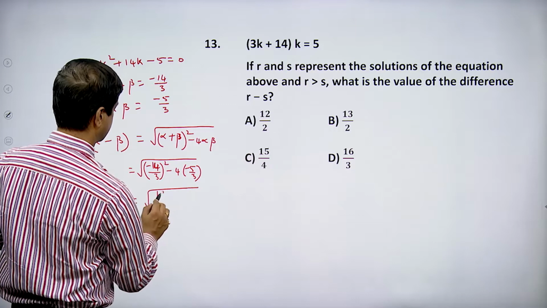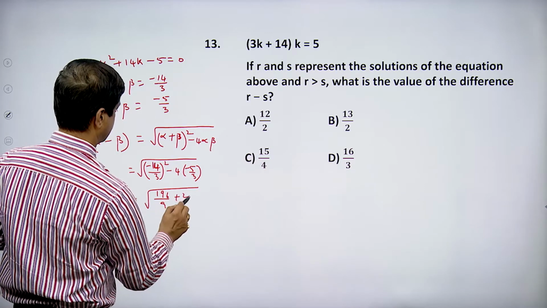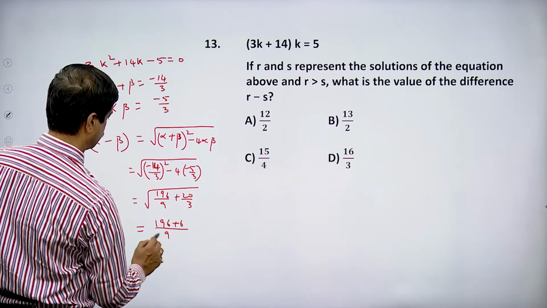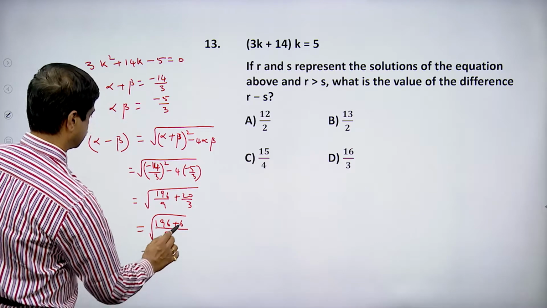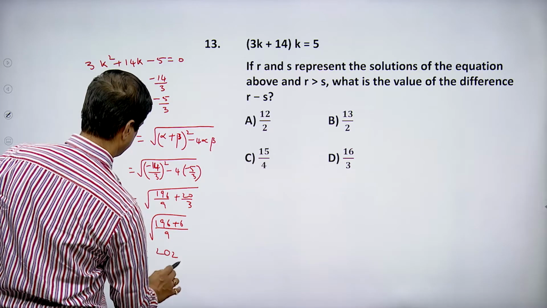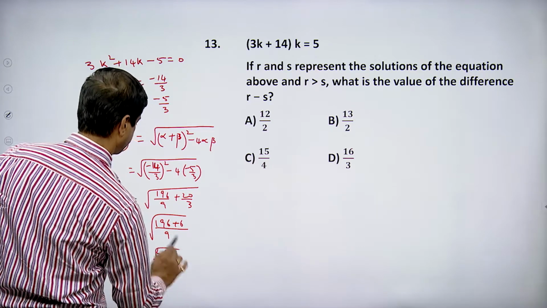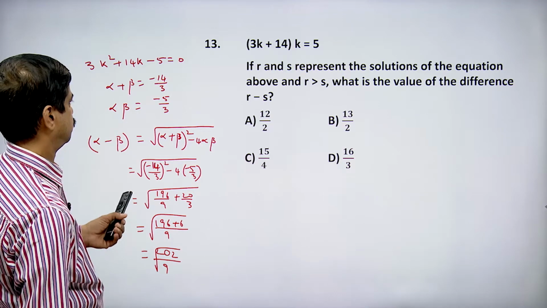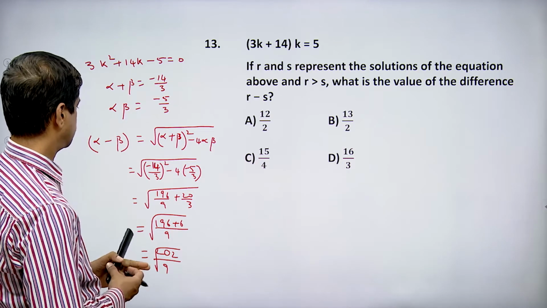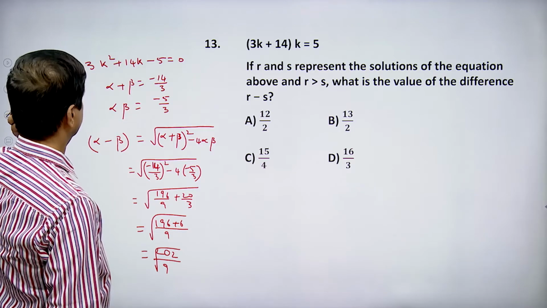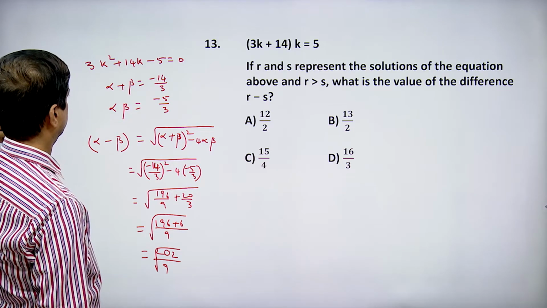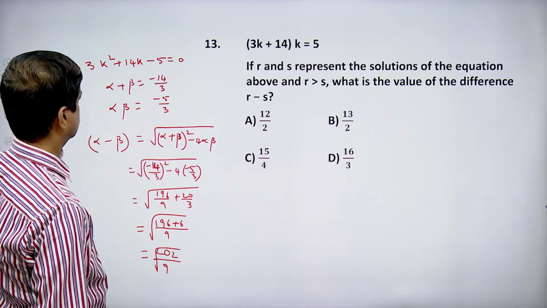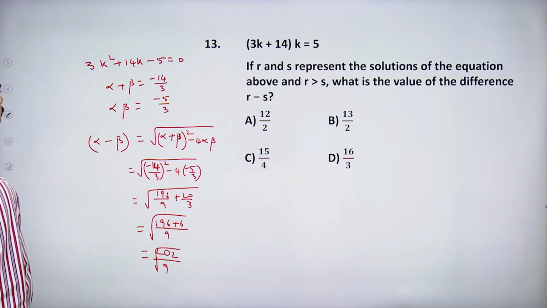That is root of 196 by 9 plus 20 by 3. If you take LCM, 196 plus 60 by 9 under root. So what is that? 256 by 9. Alpha plus beta, for 3k square plus 14k minus 5, sum of roots is minus b by a, product of roots is c by a.